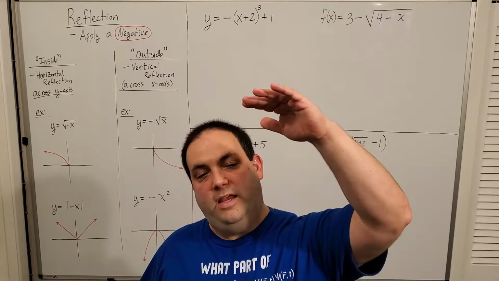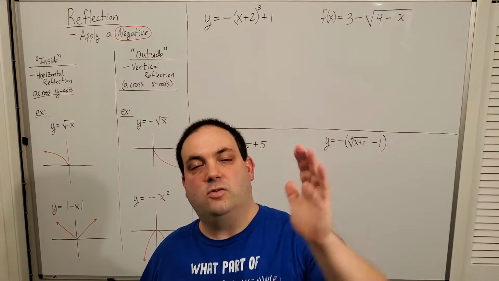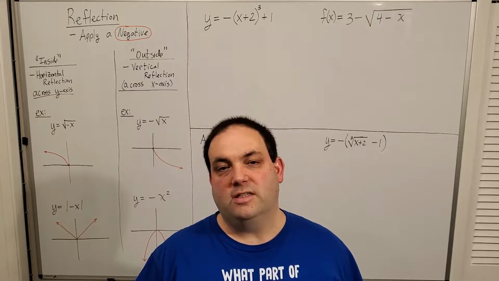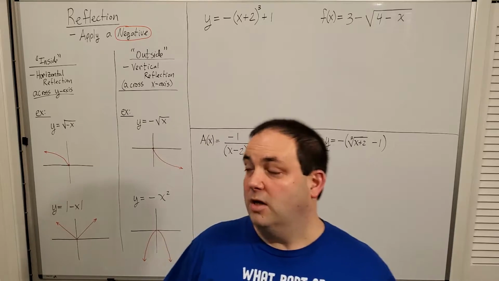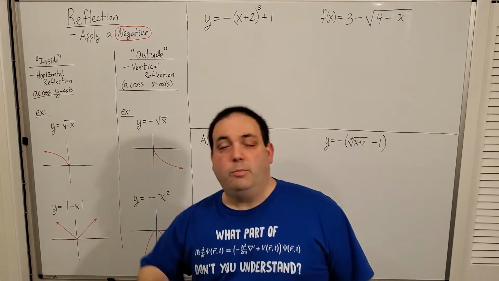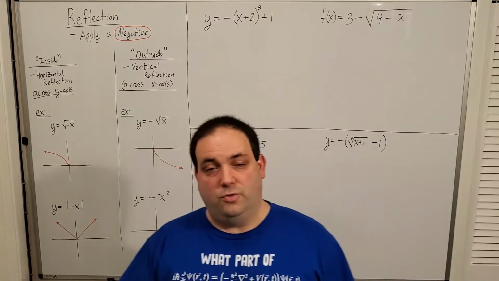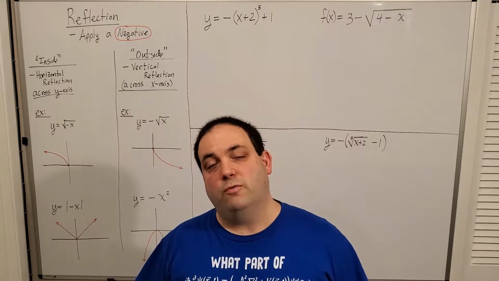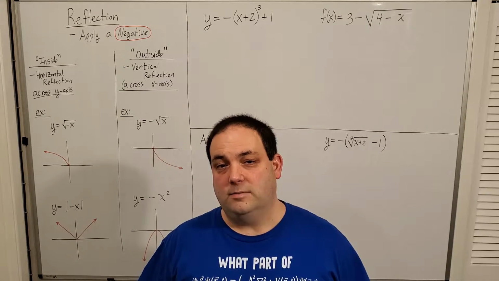We typically just say it's reflected across the x-axis or across the y-axis. That's because they're very simple actions that occur a lot because they come from applying a negative, okay? And we apply negatives to functions and to variables all the time. Basically what that's doing is some sort of reflection across an axis.